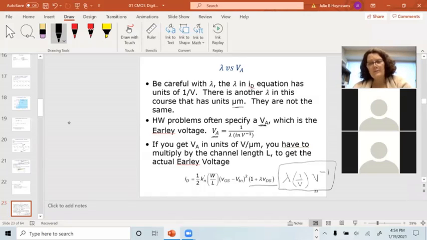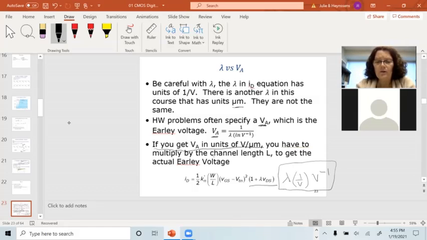Another thing, because this is pretty common in processing technology, is that your VA is not in units of volts. It's in units of volts per micrometer. You have to multiply that VA by the channel length L to get the actual early voltage. So you may have to do that step first and then flip it over to get lambda. You'll have to do that on the homework.